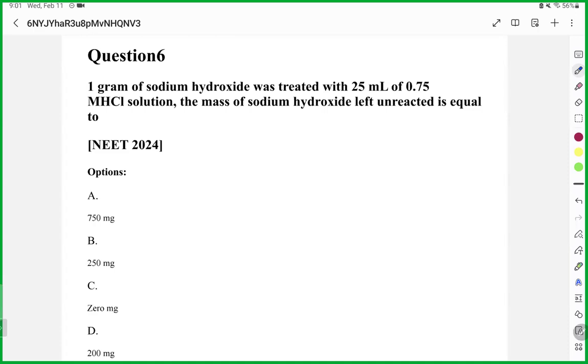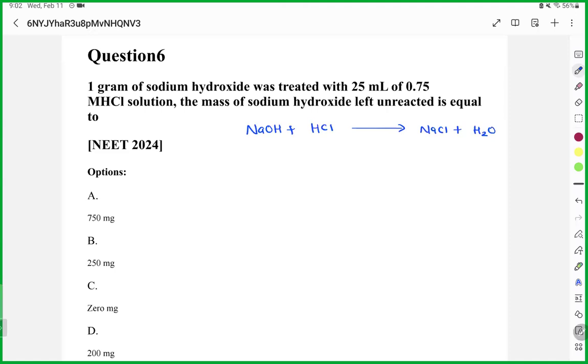250 milligrams. So 1 gram of NaOH treated with HCl gives NaCl and H2. This is the reaction because NaOH reacts with HCl.